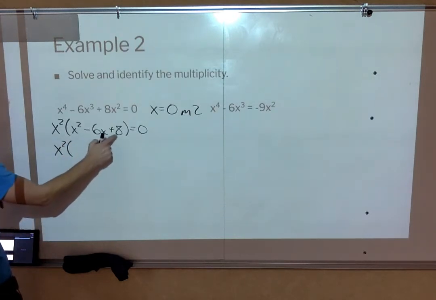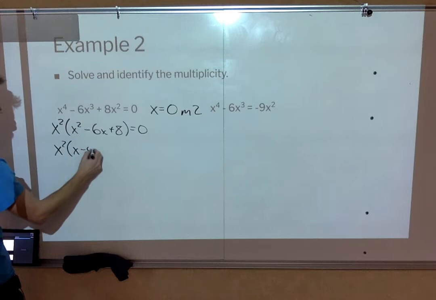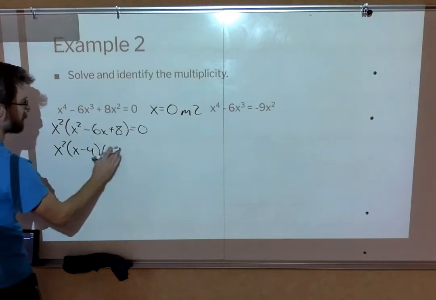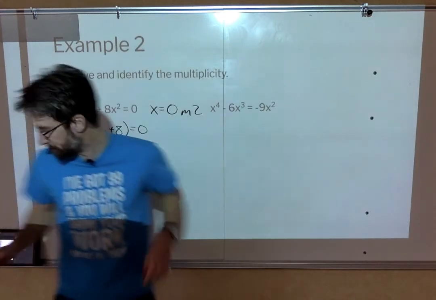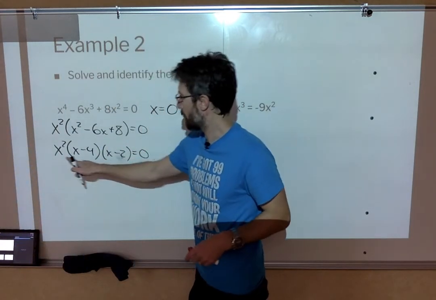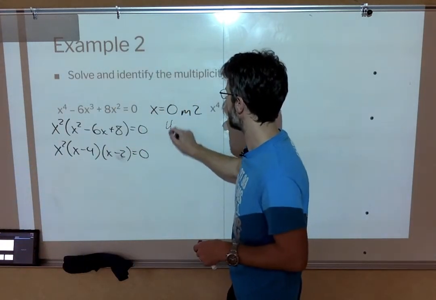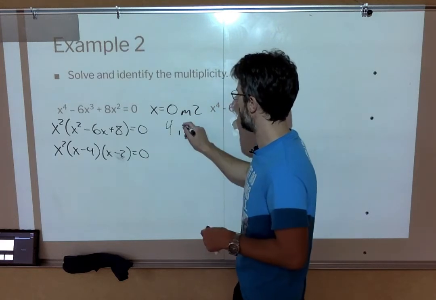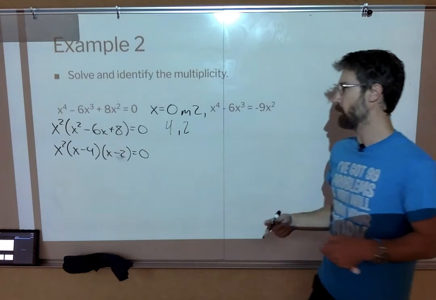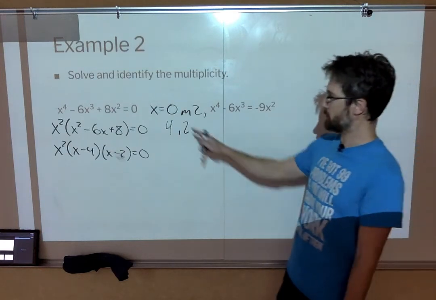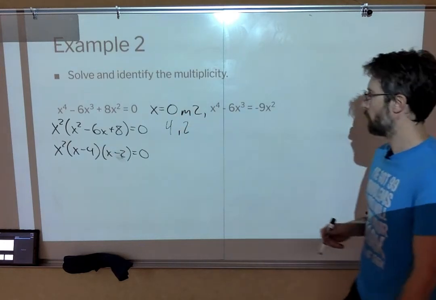That would be x minus 4 and x minus 2. And so my other 2 solutions: I've got 2 that are 0, 1 that is a positive 4, and 1 that is a positive 2. So 0 with a multiplicity of 2, 4 and 2 are my solutions, all 4 of them. 0 twice, 4 and 2 once.